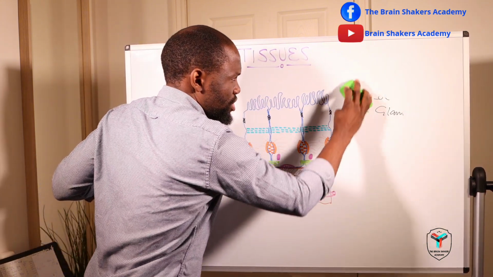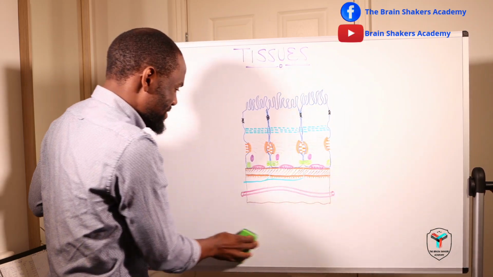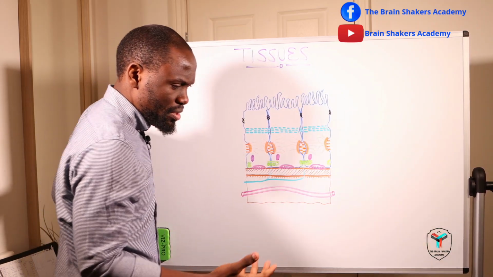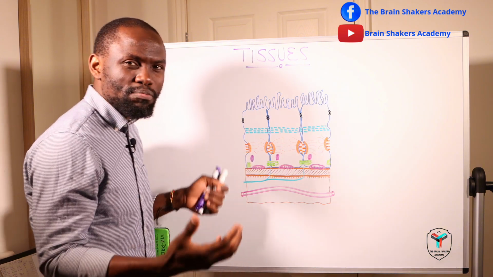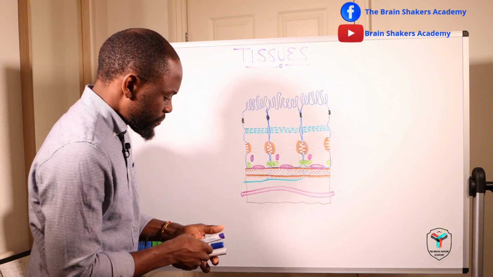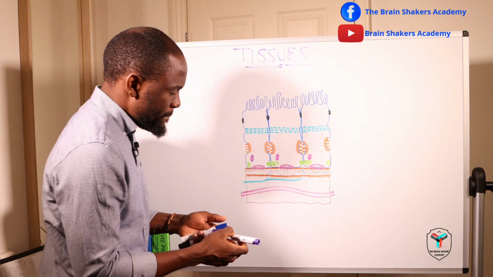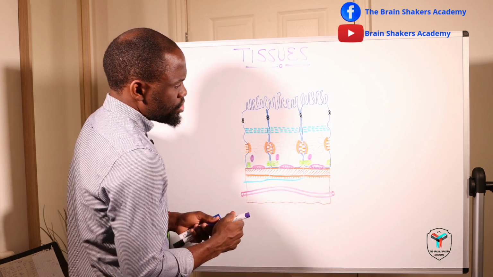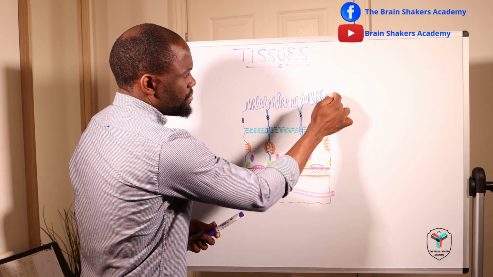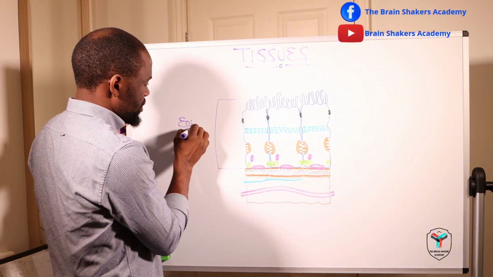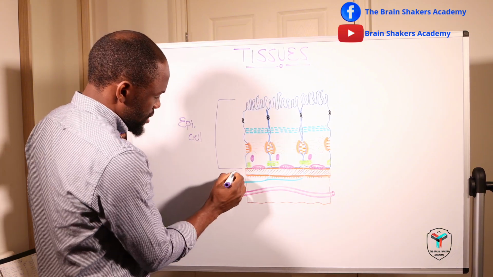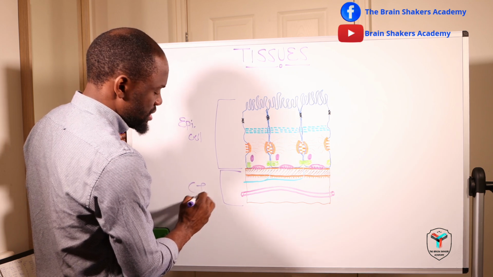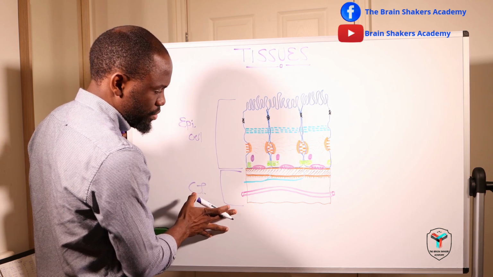So the epithelial tissue is comprised of cells and also has a connective tissue in the background which creates its basement membrane or the extracellular matrix. If you look at this diagram, you are going to notice that the ones you see in blue here are epithelial cells, and then at the bottom end you have a connective tissue coming into play.